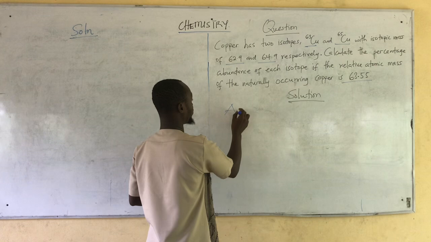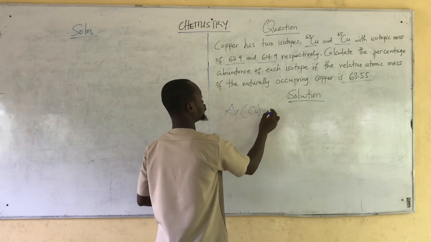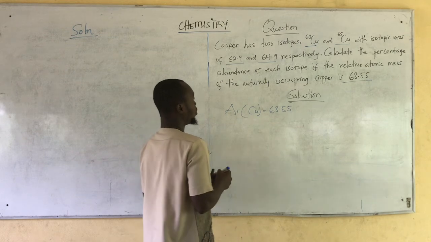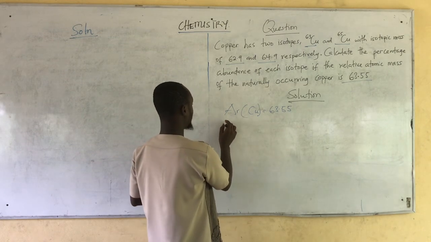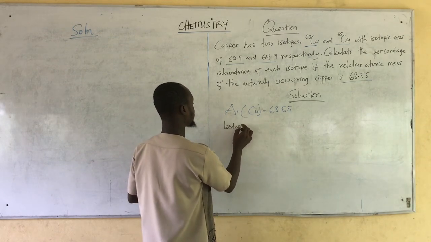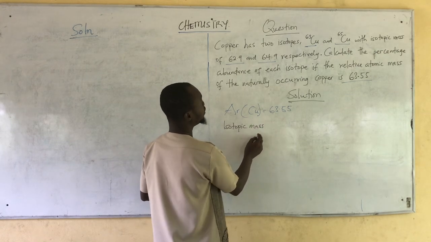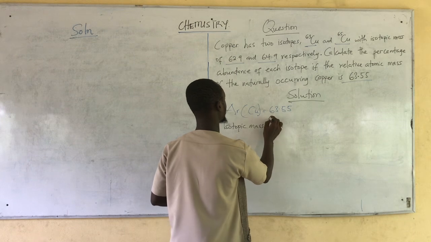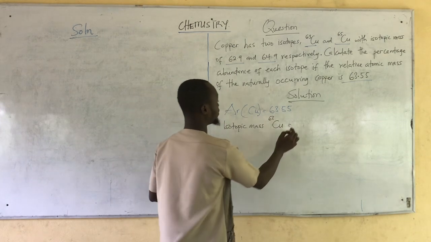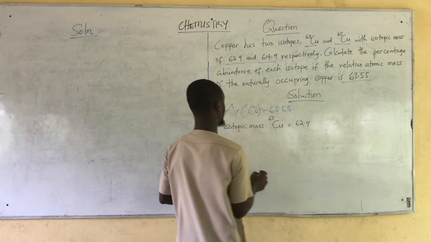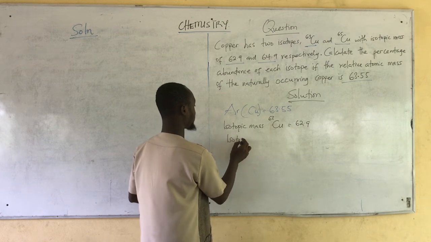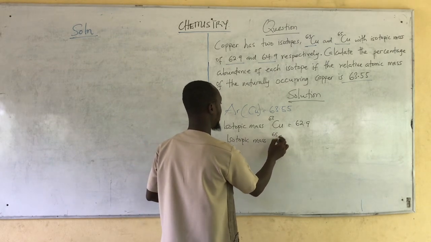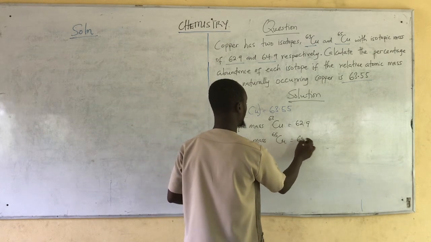We have the AR of copper to be equal to 63.55. Also, we have the isotopic mass. The isotopic mass of copper 63 to be 62.9, and then the isotopic mass of copper 65 to be 64.9.